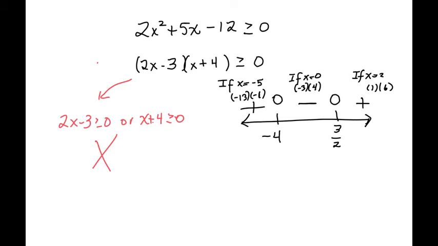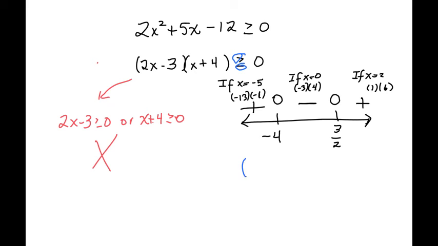So my solution will be everything that makes the product 0 because I can equal 0, or what makes it greater than 0, which means positive. So that means all of the numbers up to -4, including -4, and starting again at 3/2 and going to the right to infinity.